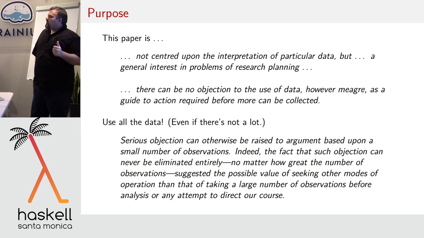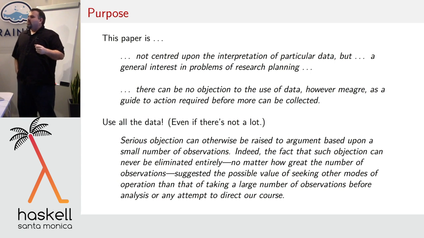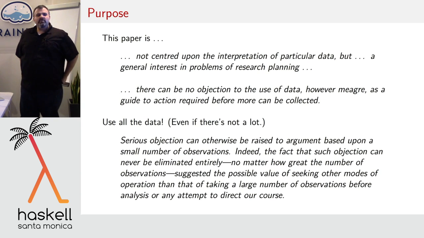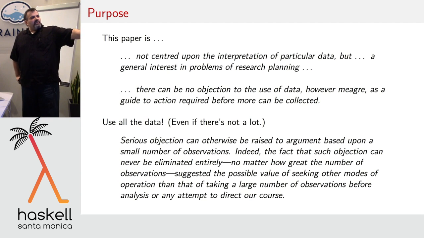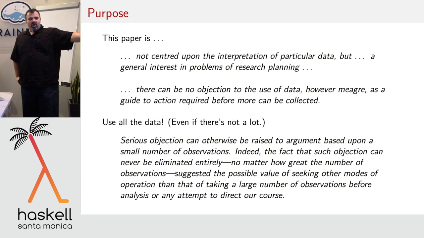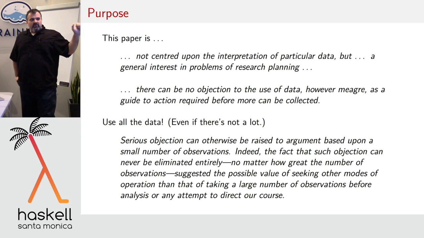This is a little bit iconoclastic because you say, okay, I'm going to base a decision on a small number of samples. That is not really accepted practice. So he goes on, says serious objection can otherwise be raised to an argument based upon a small number of observations. So serious objection can be raised when you base an argument on a small number of observations.